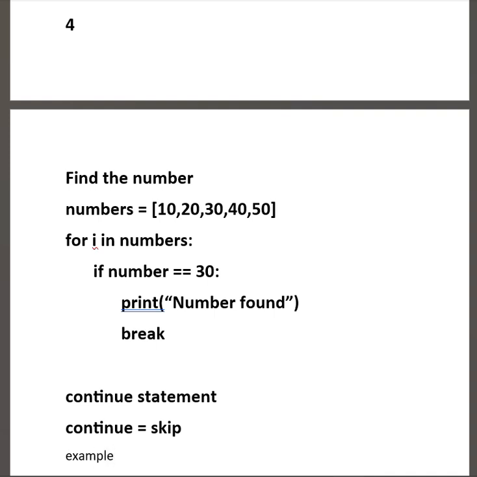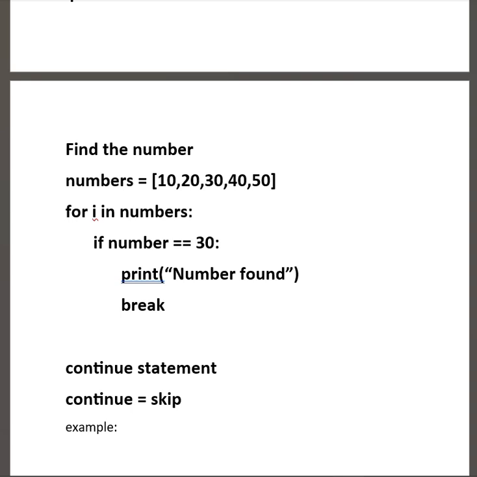Example 1. I need to skip number 3. So I take a for loop: for i in range 1 to 7.